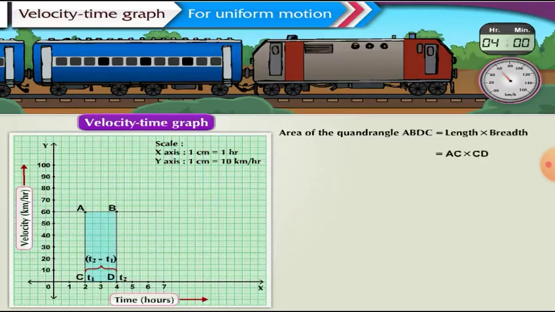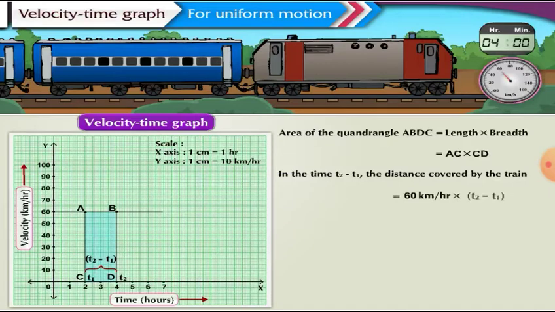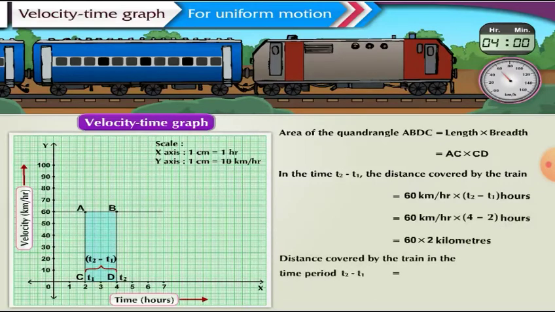In the time interval t2 minus t1, the distance covered by the object is equal to 60 kilometers per hour into t2 minus t1 hours. This is equal to 60 kilometers per hour into 4 minus 2 hours, equals 60 into 2 kilometers, equals 120 kilometers.